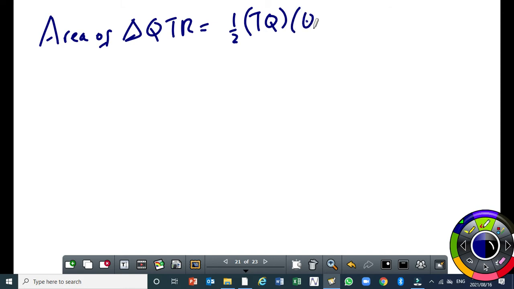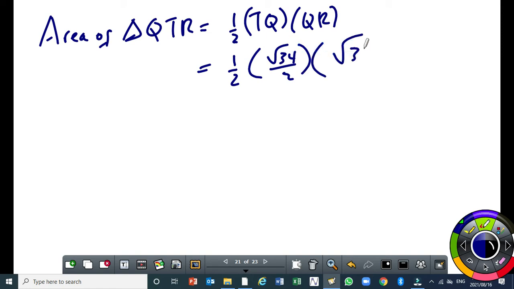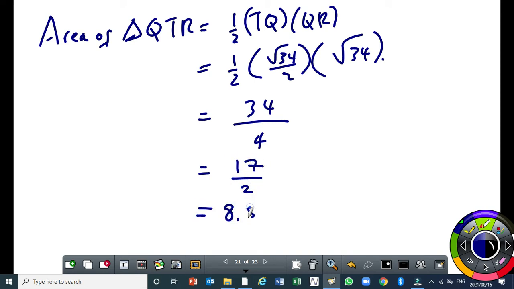So this will be times QR. And that will be half times square root of 34 over 2 times the square root of 34, and that will give me 34 over 4. And then I'll get 17 over 2, which is 8,5 square units.